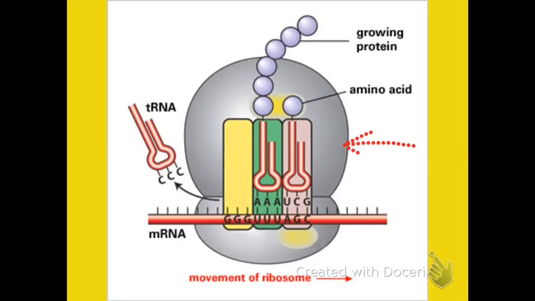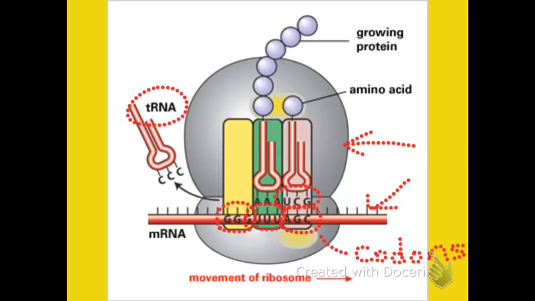This is the ribosome with the RNA that's moving through it. And do you remember the 3 bases at a time are called codons? And they match with an anticodon, which is on the tRNA. And the amino acid that's on the end of the tRNA gets added eventually to make a growing protein or polypeptide chain.